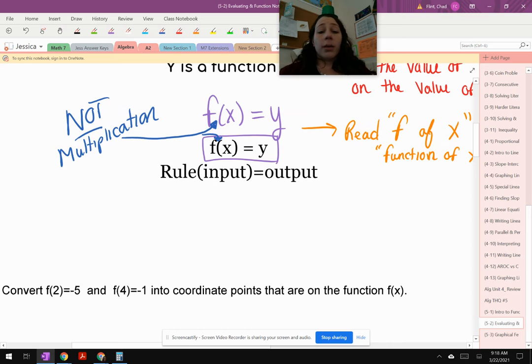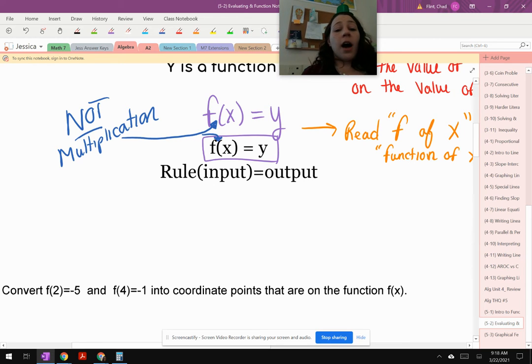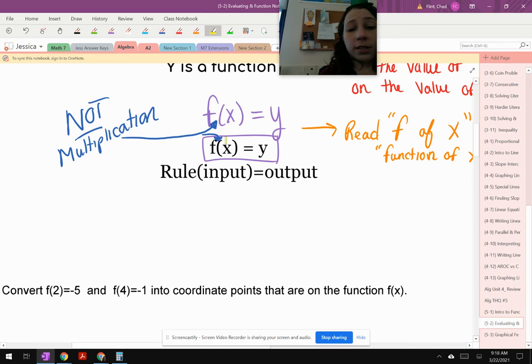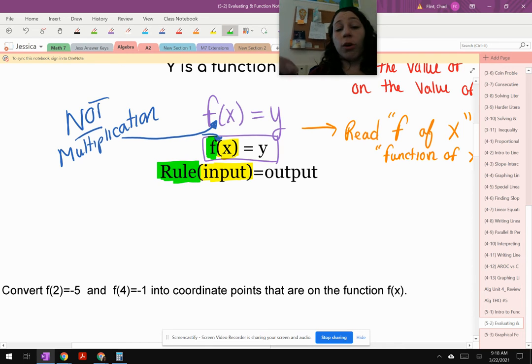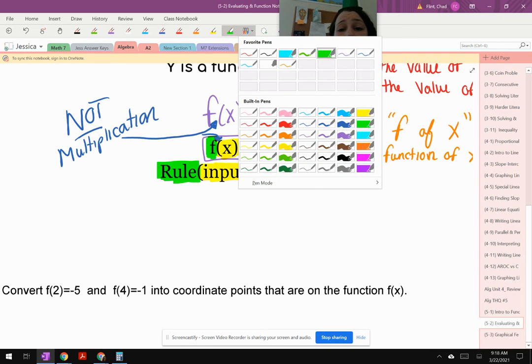So when you're talking about this function of x, it's really just a rule. You learned about a function rule. So your input, what you put in, is your x value. That's why those pieces line up. Your x is your input. Your f, the function itself, is the rule, what you're doing to it.